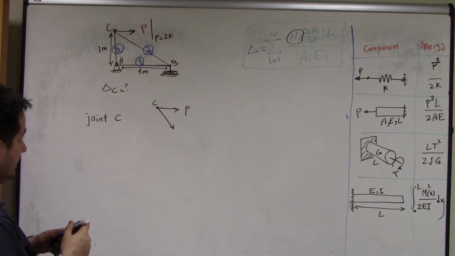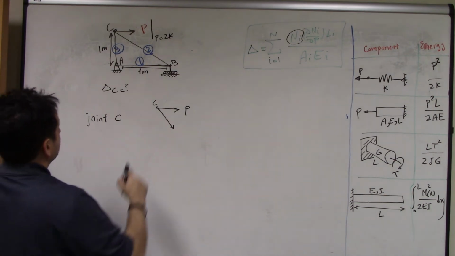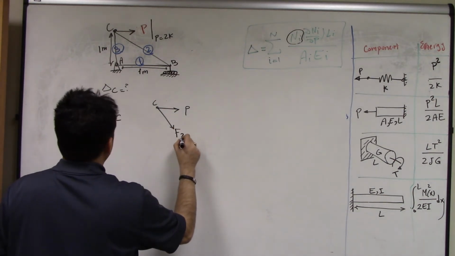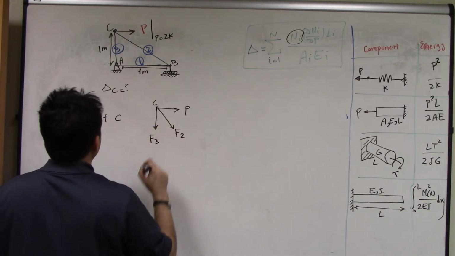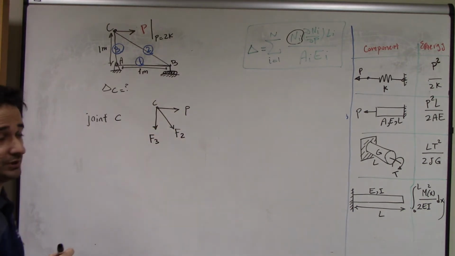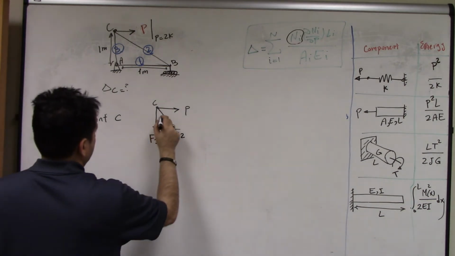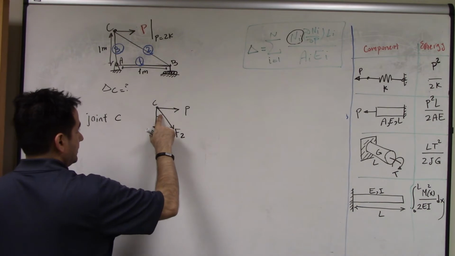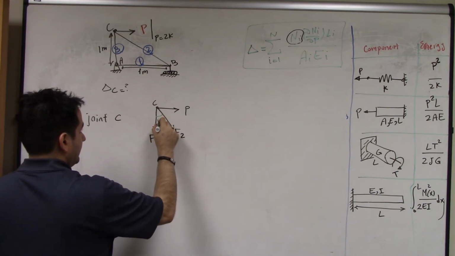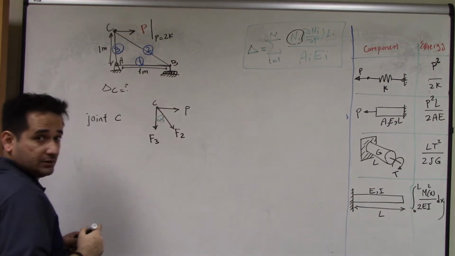Then you have P, F2, F3, that's all you have at the joint. And this angle is 45 degrees.